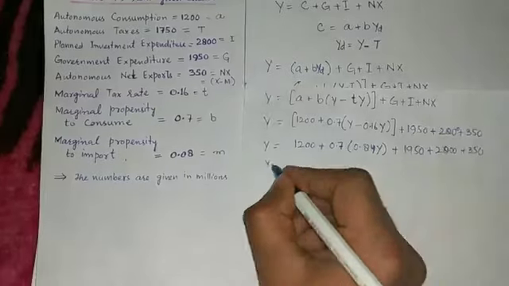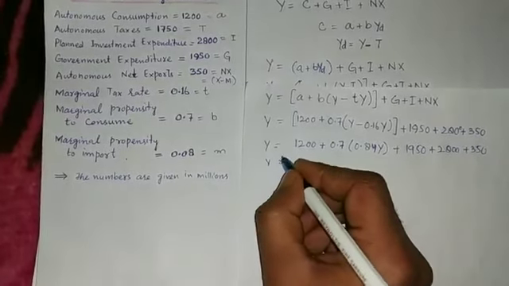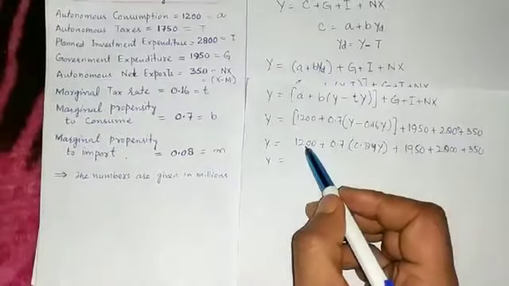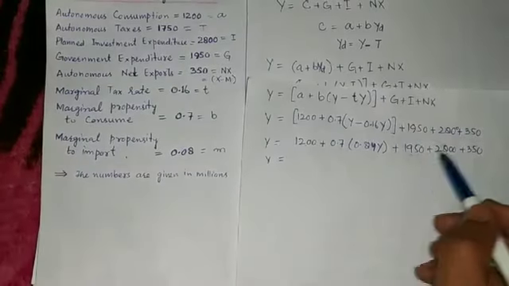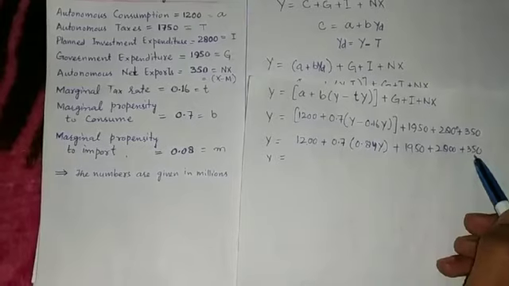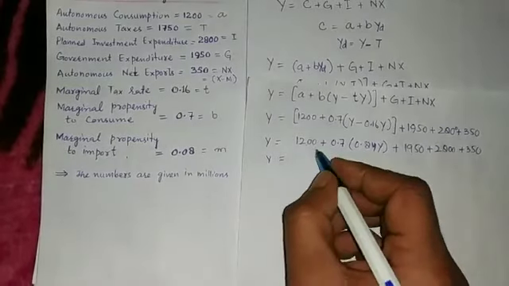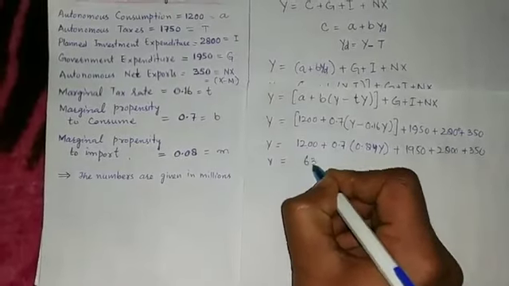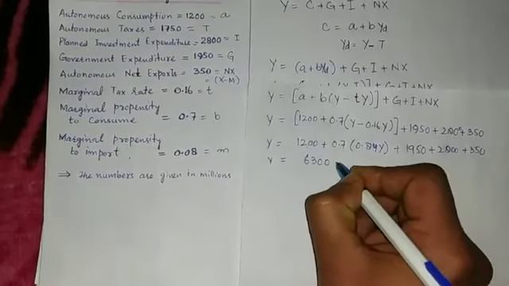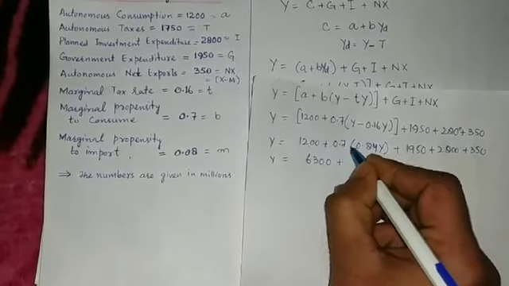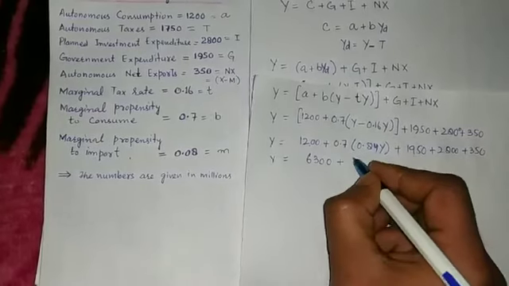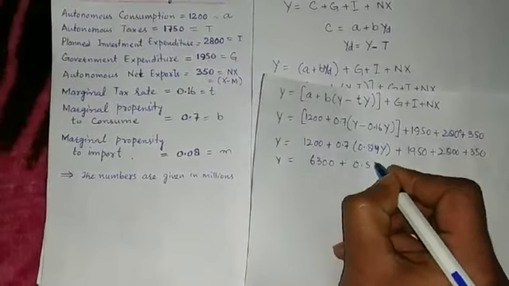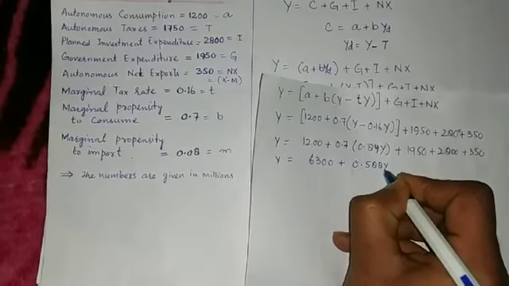Now Y equals, if we calculate the sum of these 1200, 1950, 2800 plus 350, it will sum up to 6300, plus 0.7 multiplied by 0.84Y, which will be equal to 0.588Y.